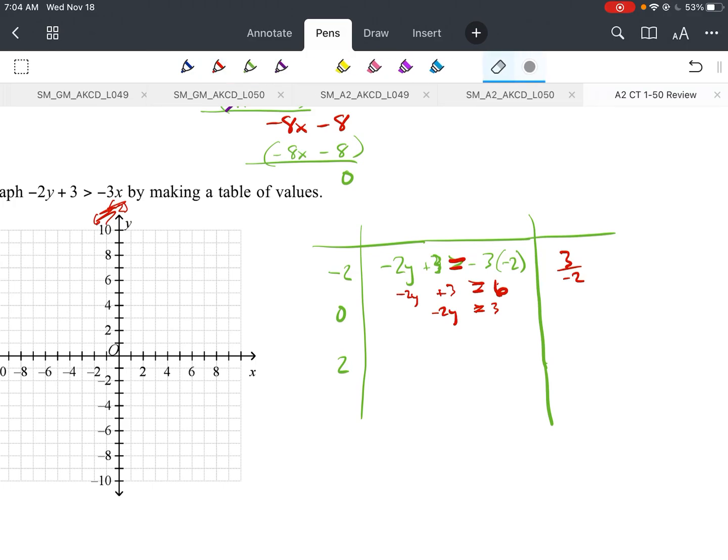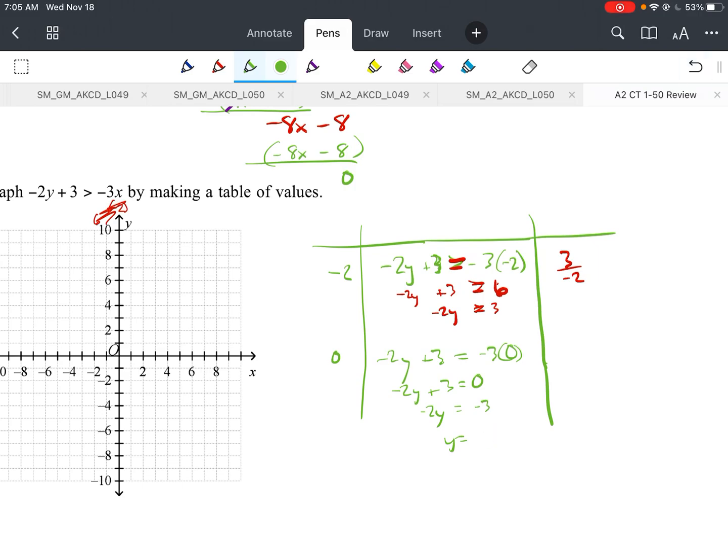All right, now let me move everything down a little bit so we have more space. For 0, this would be negative 2y plus 3. We'll do equals for now. Minus 3 times 0, well, that's just 0. So negative 2y plus 3 equals 0. Subtract 3 and divide by negative 2.